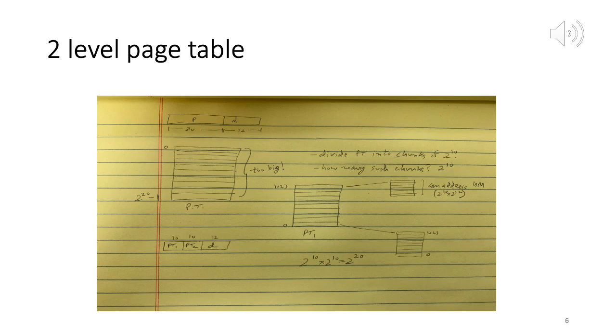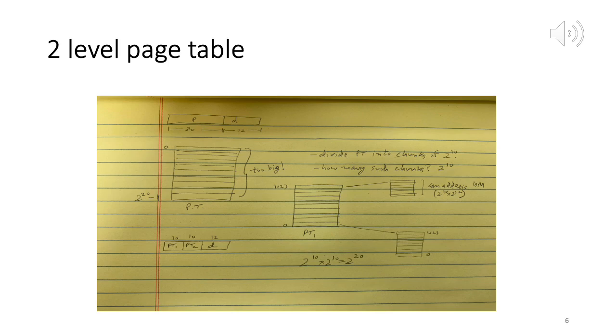Once we look up the corresponding entry in PT1, we get the starting address of the appropriate second level page table. Once we get that address, we know the starting address of the second level page table. Then we look at PT2, the next 10 bits, and in that particular second level page table we use PT2 as an index to get to the appropriate entry.